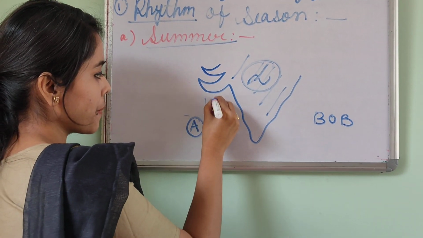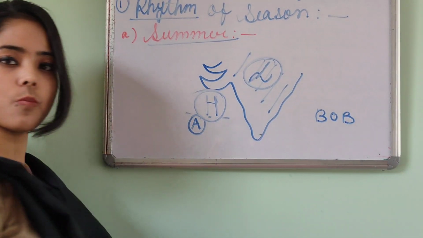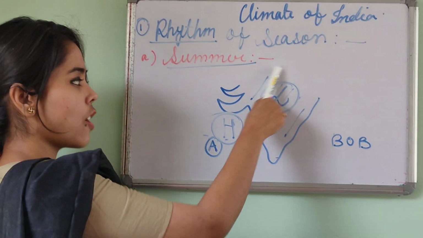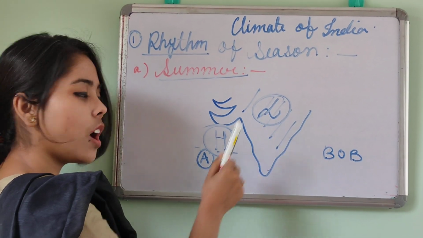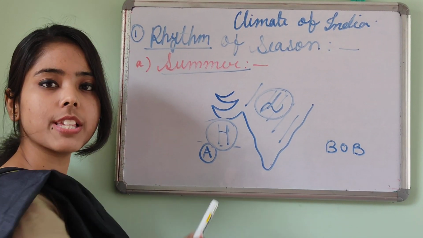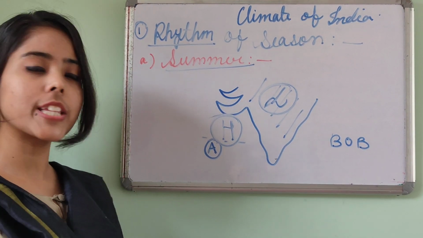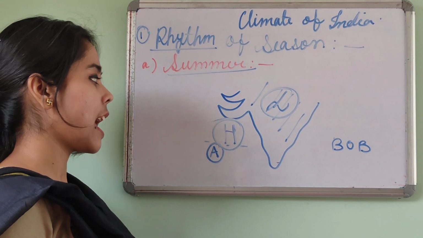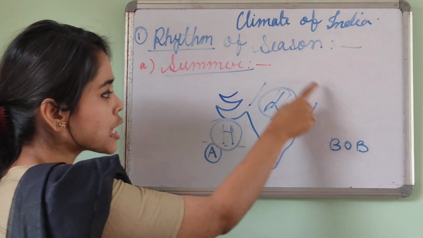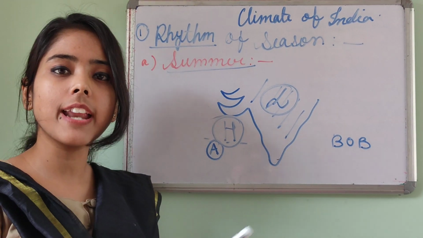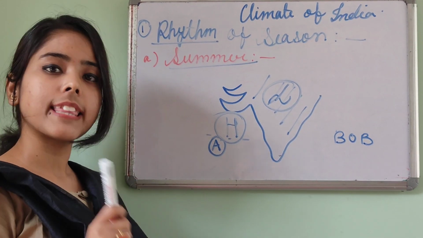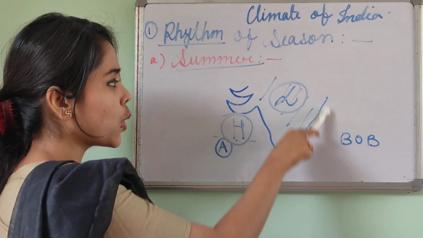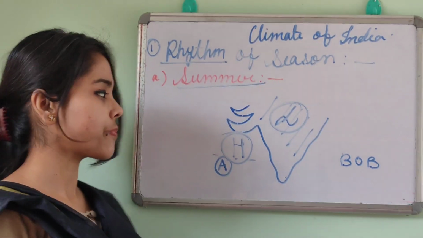Here the pressure will be high. On the land surface the pressure will be low and over the sea surface the pressure will be high. So this is the basic characteristic. Now, why is the pressure low over here? That is why the pressure is very low on the land surface.